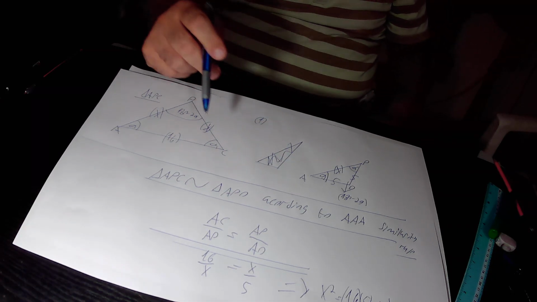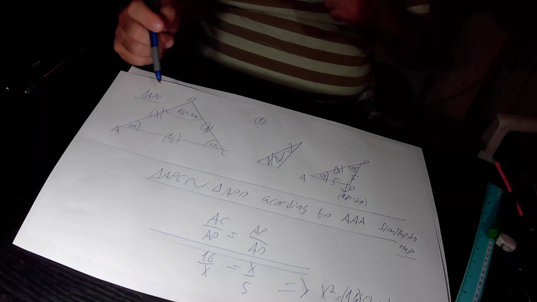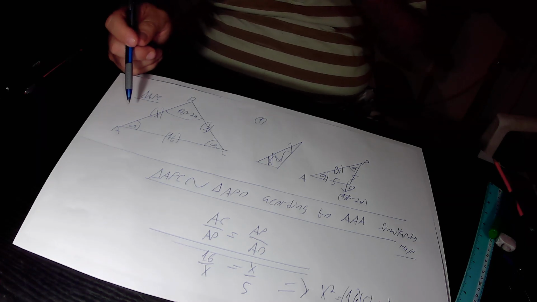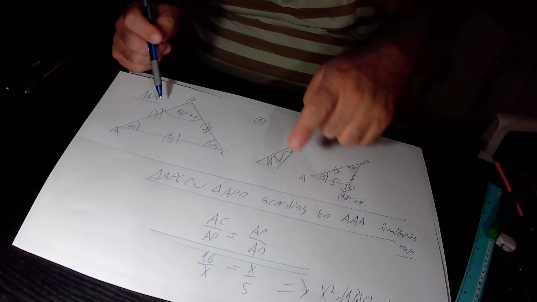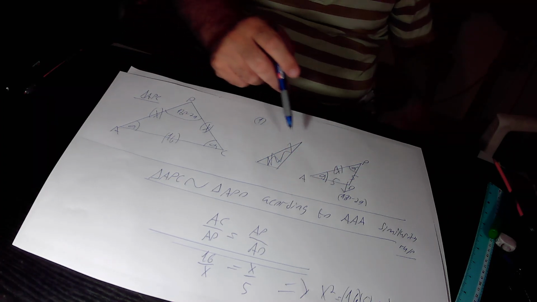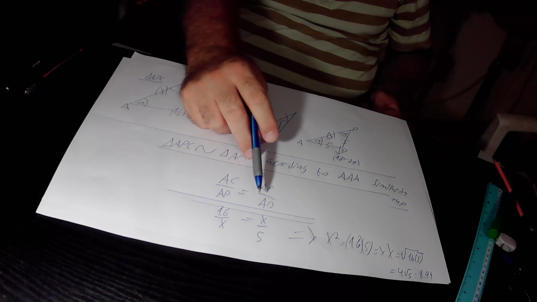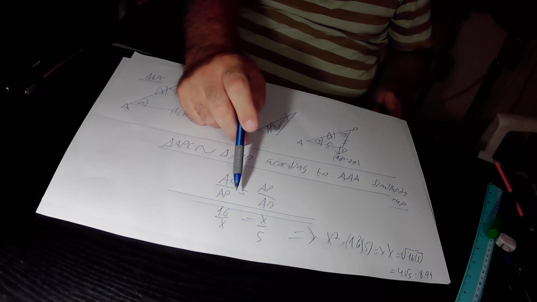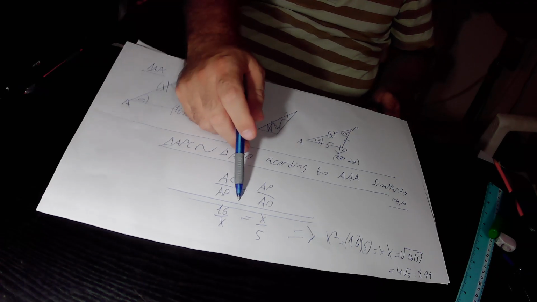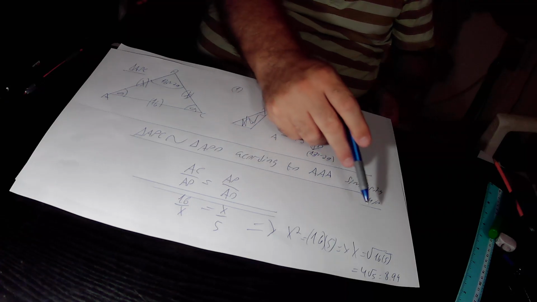AC is 16, AP is x, and this AP is x, over AO, which is 5. So in total, we found that 16 over x equals x over 5. Here we cross multiply this equation, and finally find that x squared equals 16 times 5. Taking the square root of the equation, we find that x equals the square root of 16 times 5.